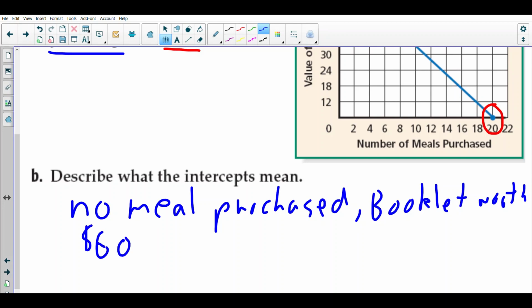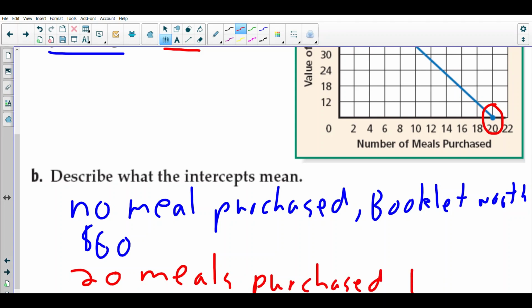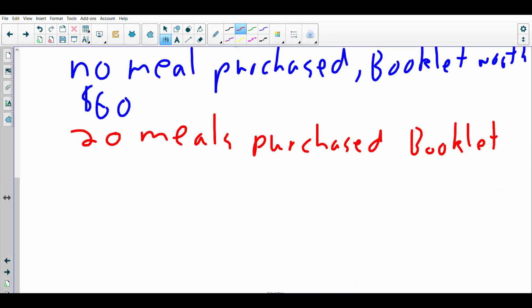And then for the x-intercept and the 0, that means we have 20 meals purchased and the booklet worth $0.